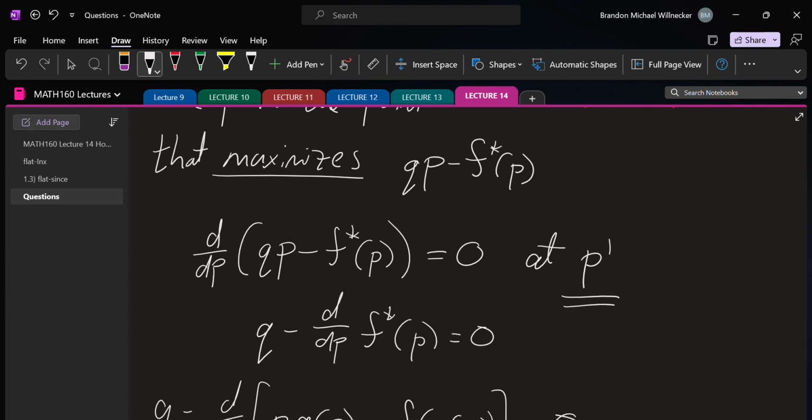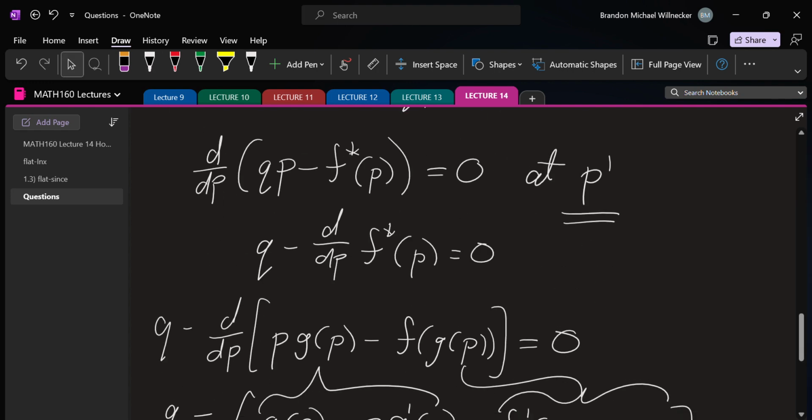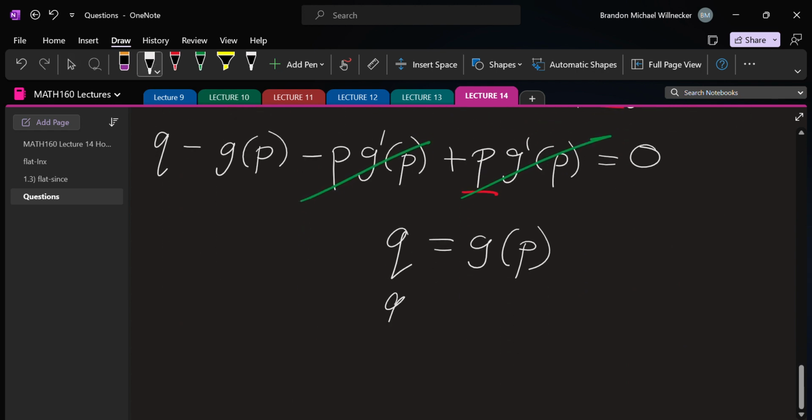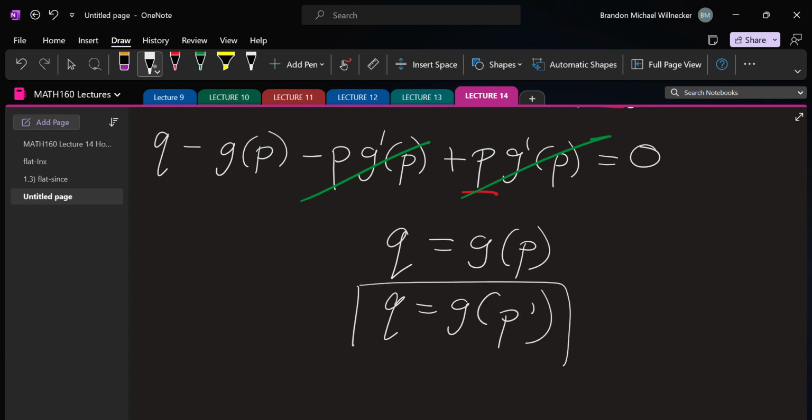We did the derivative in terms of X, and then we called it X prime. Here, we do the derivative in terms of P, and then we call it P prime. So, G of P prime. Okay, very similar to what we did previously with the P equals F of X prime. Okay, same idea.